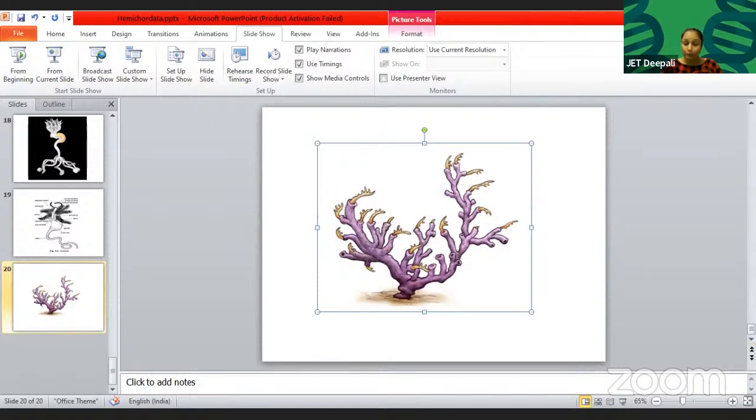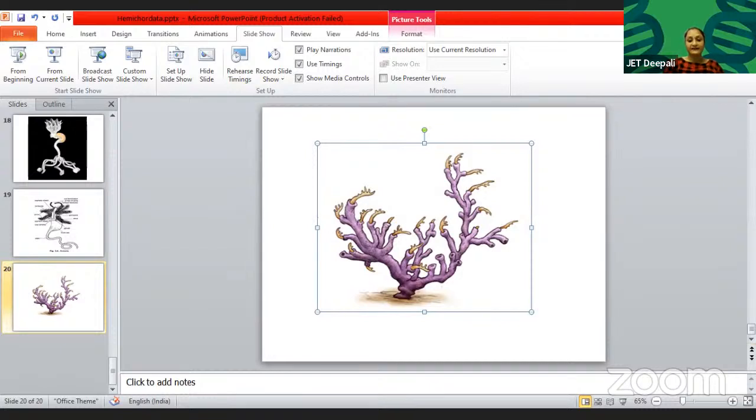Body consists of proboscis, collar and trunk. Collar without tentaculated arms, means they are not having arms. Alimentary canal straight, mouth and anus at opposite ends, means mouth is separate, anus is separate. Several pairs of U-shaped gill slits present in the pharyngeal region.